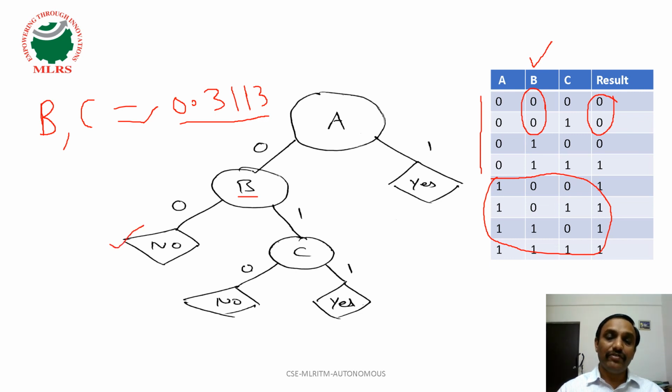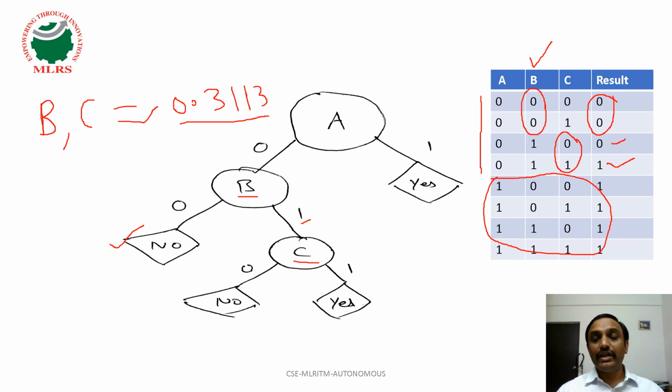If B value is 1, in one case the result is negative, and in the other case the result is positive. That depends on the C value, so we take C.